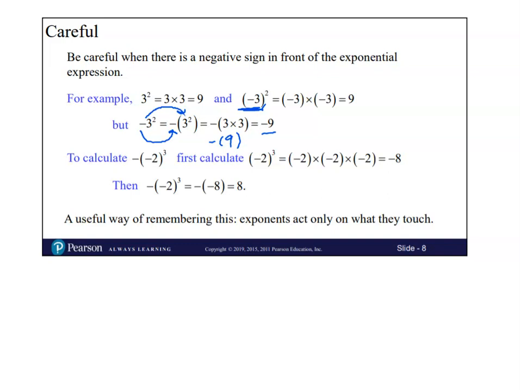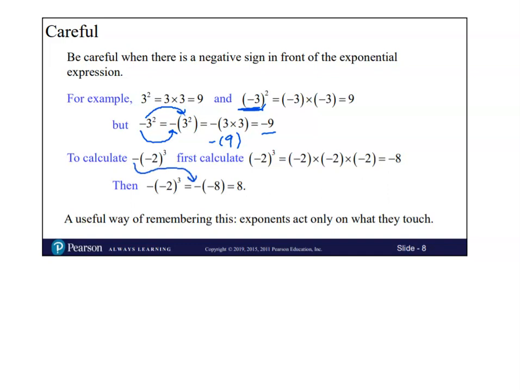To calculate negative of 2 to the third, we must first calculate 2 to the third, because the order of operations says to do exponents first. So we're not worried about this negative in the front until the end. Okay, so they've got it right here.